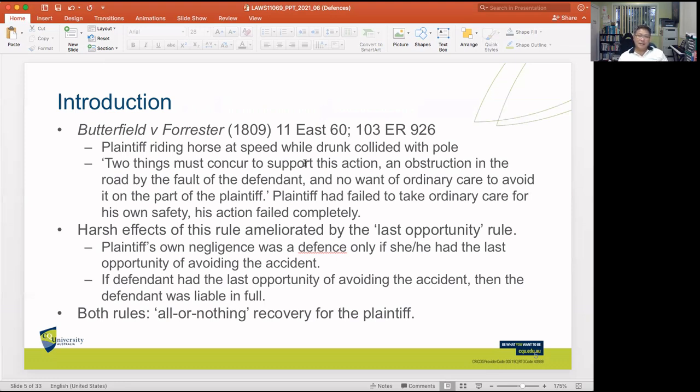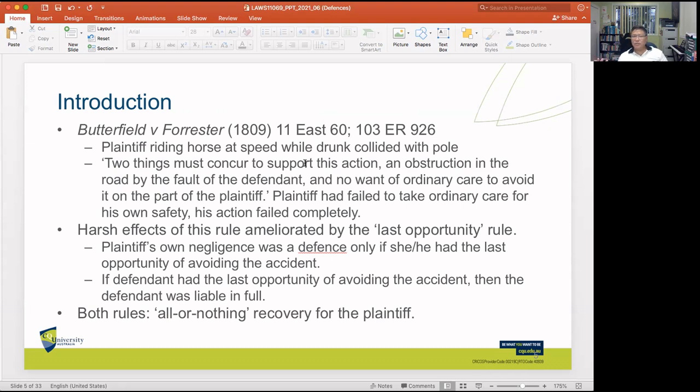And in that case, the common law court said that two things must concur to support this action: an obstruction in the road by default of the defendant, and no want of ordinary care to avoid it on the part of the plaintiff. But because in this particular case, it was shown that the plaintiff had failed to take ordinary care for his own safety, then his action failed completely.